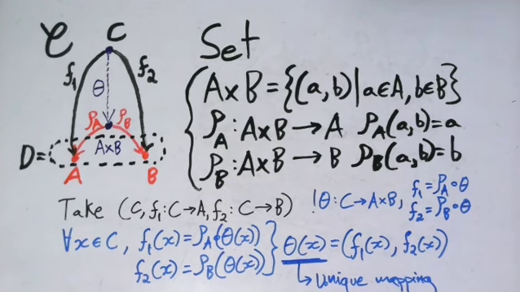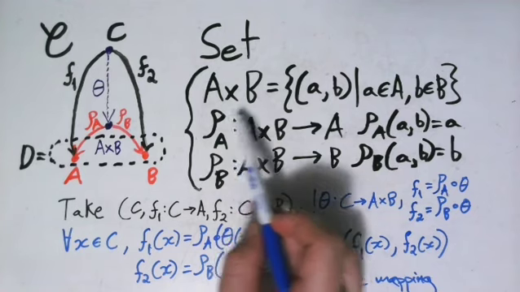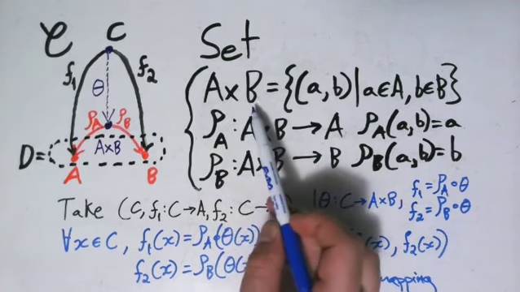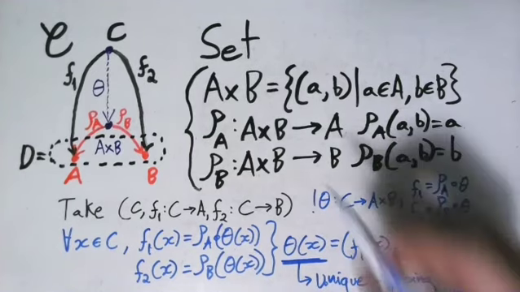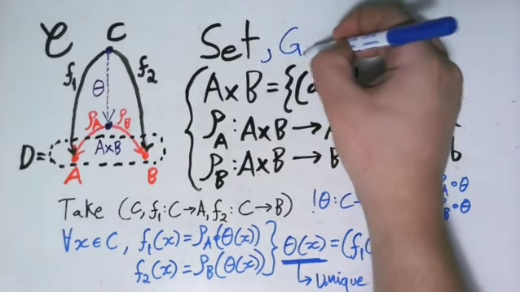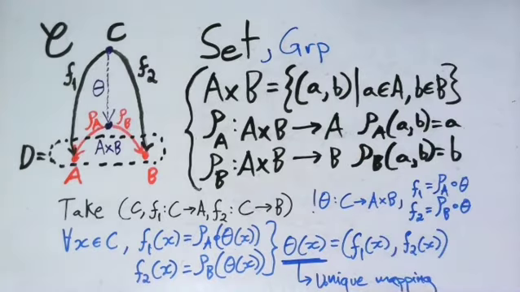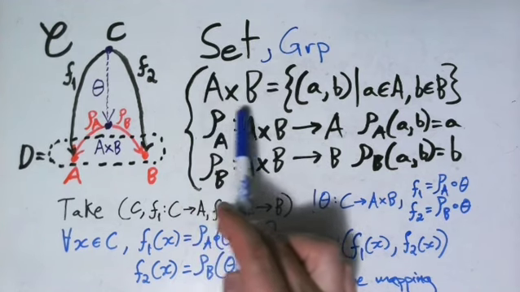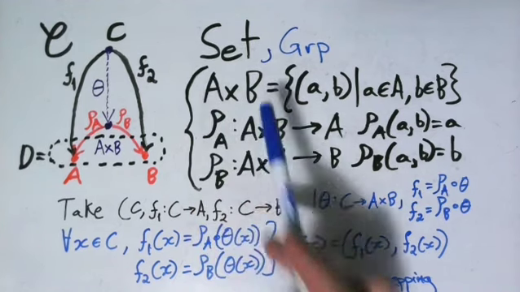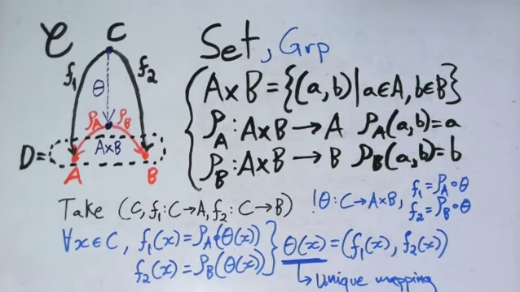Another interesting result we can get is that, if we think of A and B as groups this time, we can have almost the identical discussion with groups, because we know that A cross B, when A and B are groups, is a group itself, right?